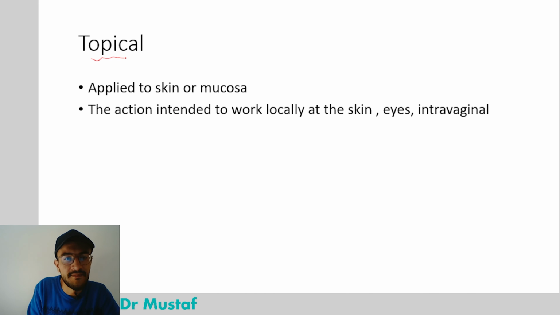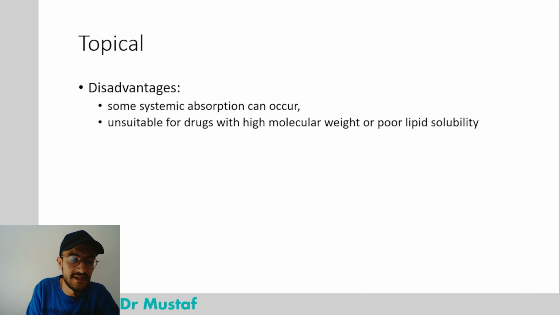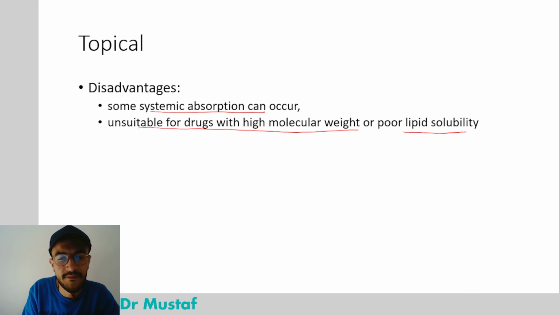The topical route is when the drug is applied to the skin or mucosa, and the action is intended to work locally on the skin, eyes, the vagina or other parts of the body. The disadvantage of this route is that some systemic absorption can occur, and it is unsuitable for drugs with high molecular weight or poor lipid solubility, because these drugs can't be absorbed into the skin and would not work.